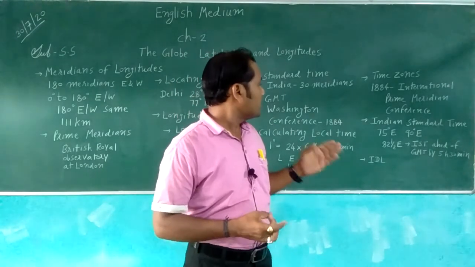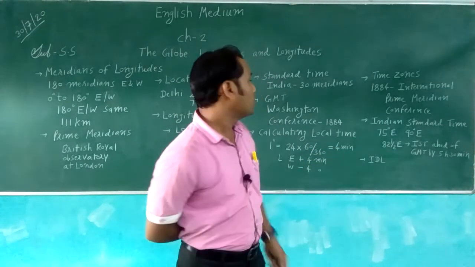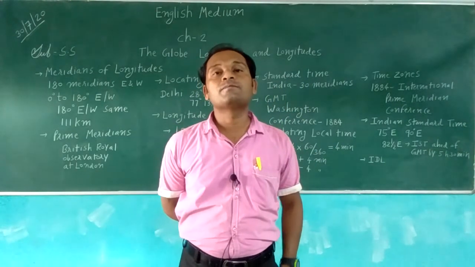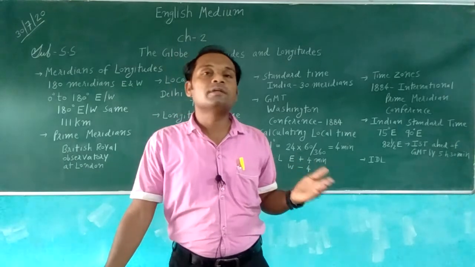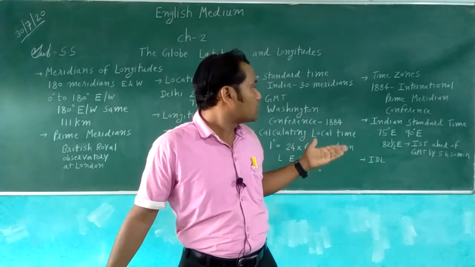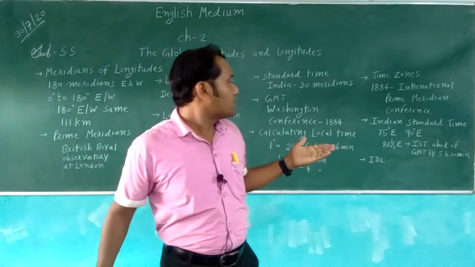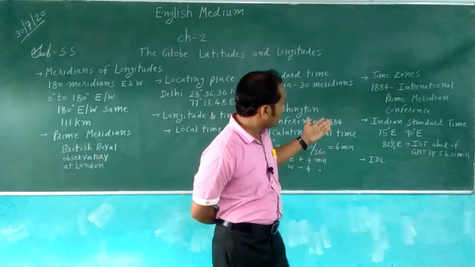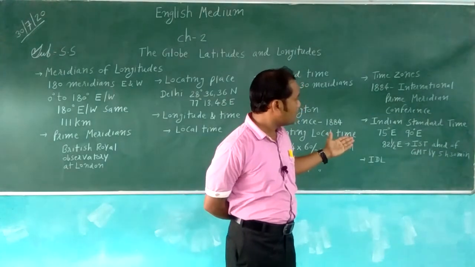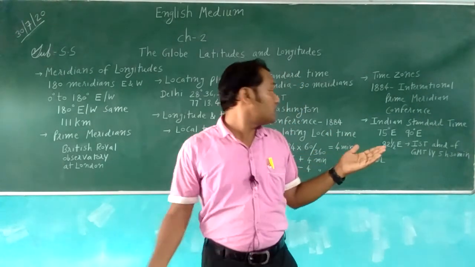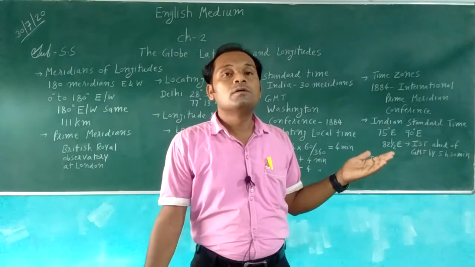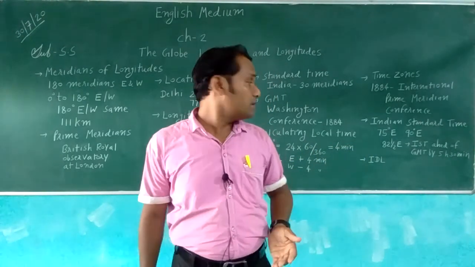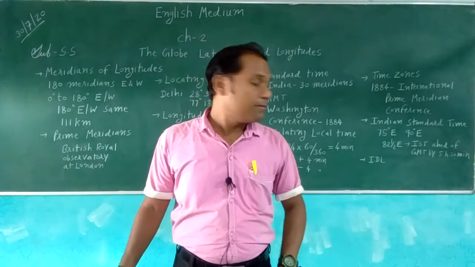Indian Standard Time. India also has a standard time. Most of the Indian places fall in the time zone lying between 75 degrees east and 90 degrees east. The standard meridian of India is 82.5 degrees east. IST, Indian Standard Time, is ahead of GMT by 5 hours and 30 minutes.